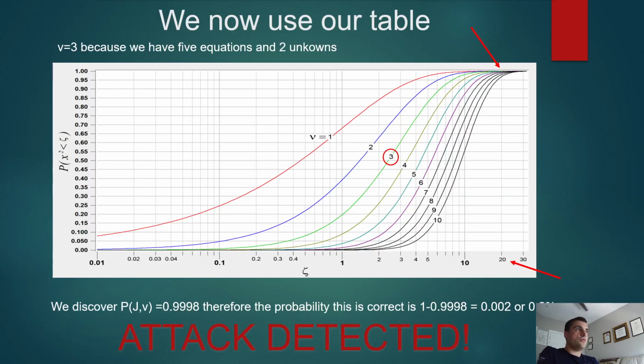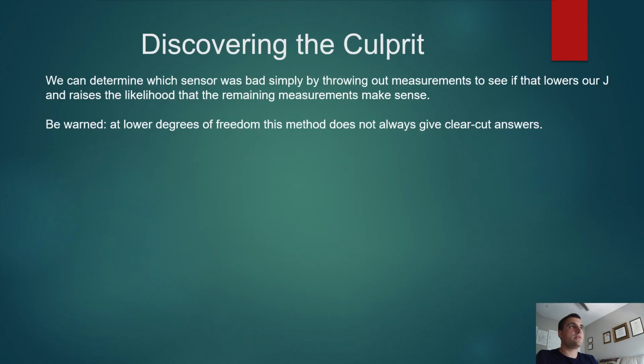So now we use that as input for our chi-squared matrix, using 20.76 as our input for the zeta, and our degrees of freedom as input for which line we should follow, and we get something that's up here. So for the amount of degrees of freedom, that's a pretty clean answer that our data is definitely being tampered with, and somebody is messing with one of the values that our relay is reading.